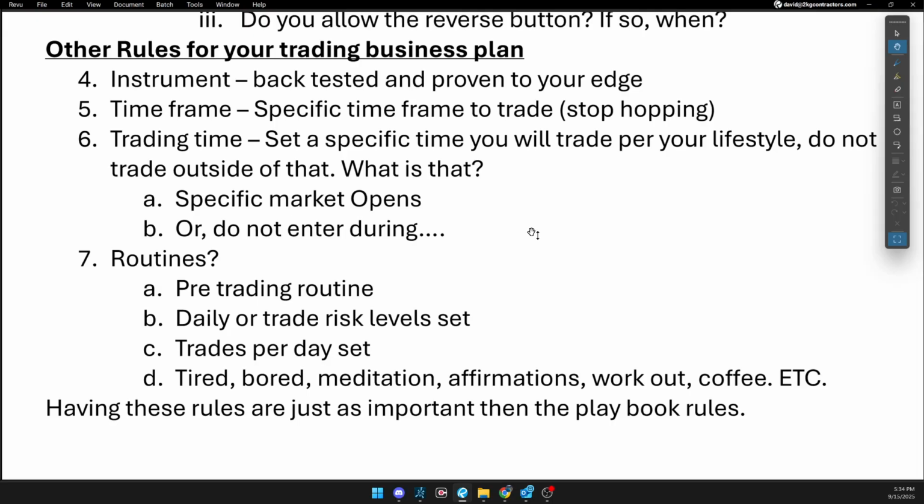The other 2 of my instruments, I will enter a trade if it's convincing enough. But I know that, and I have those rules. Or do not enter during these times.